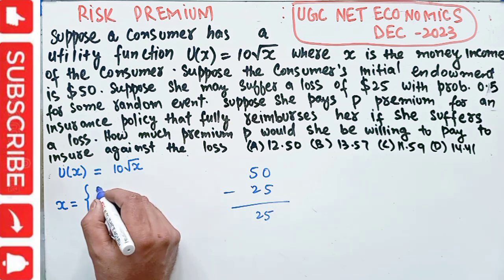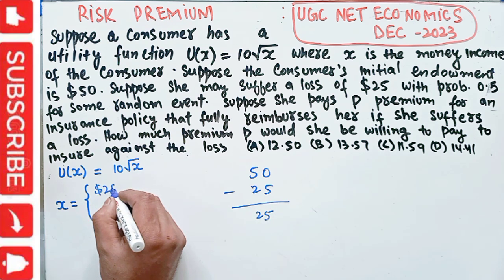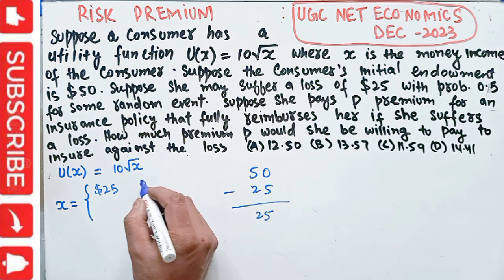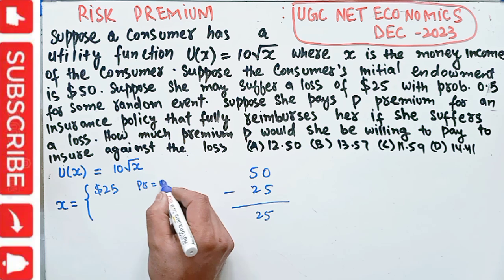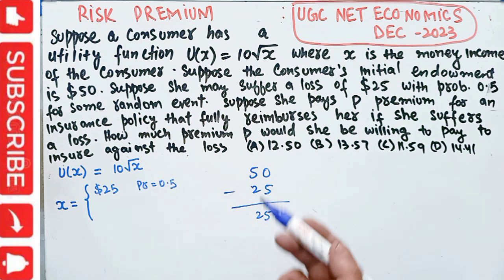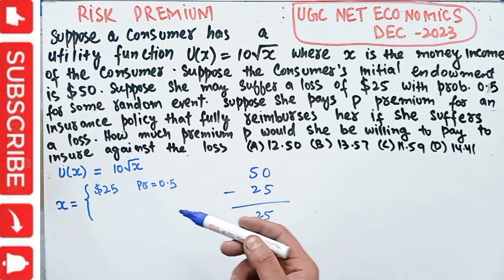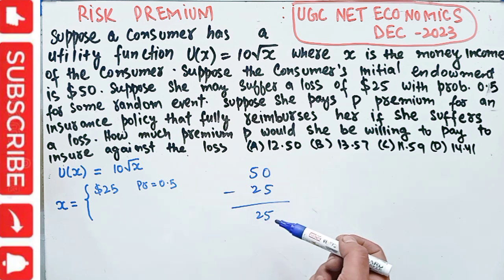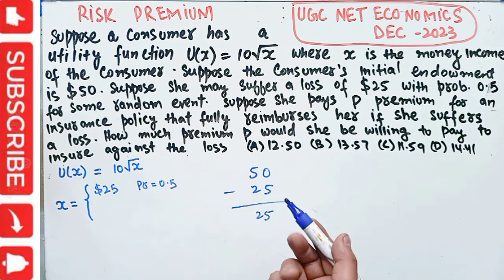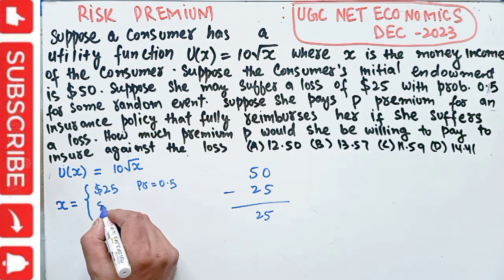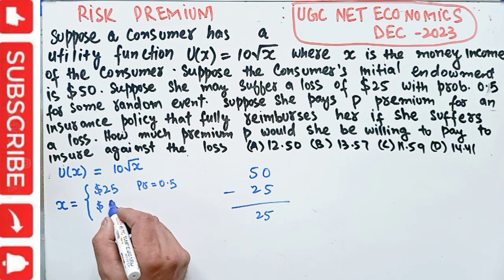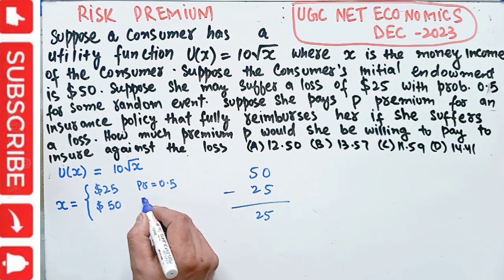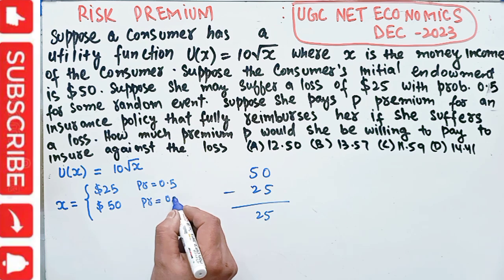That is, $25 will be her income with probability 0.5. Also, if 50% chances are that she may suffer a loss of $25, that means 50% chances are that she may not suffer a loss at all. That means her income will remain same as $50 with probability again 0.5.